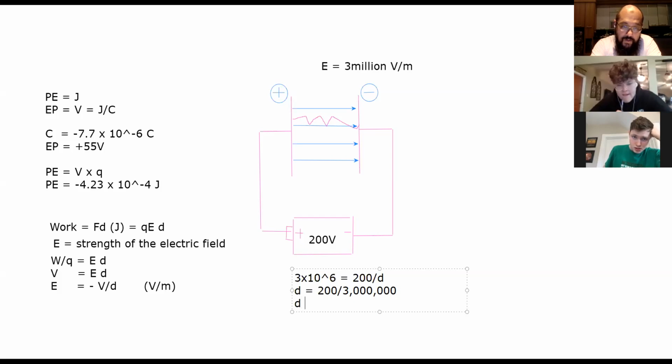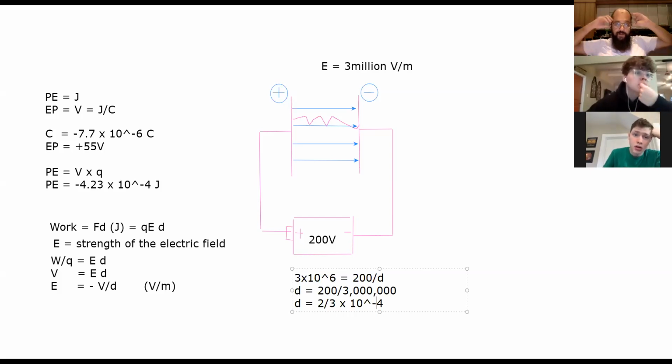So D equals 2/3 times 10 to the minus 4, because you'll be dividing by 10,000. So that's a very, very small distance between them.